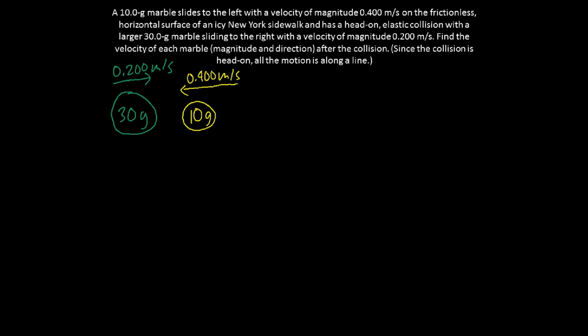Now, let's use the formula for elastic collision. So it is MA VA1 plus MB VB2 equals MA VA2 plus MB VB2.